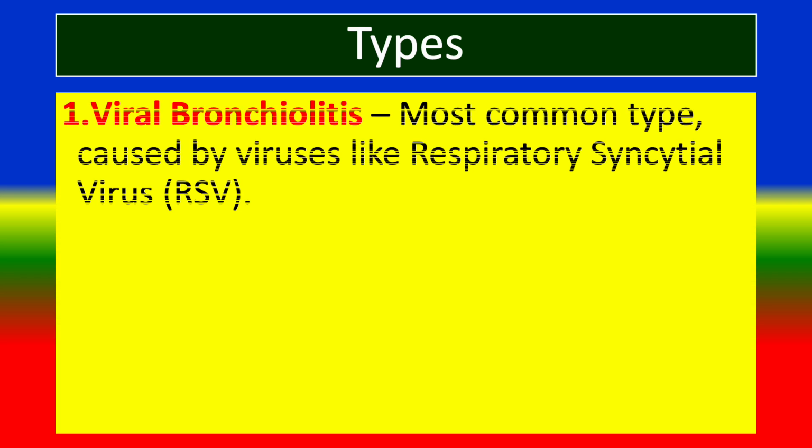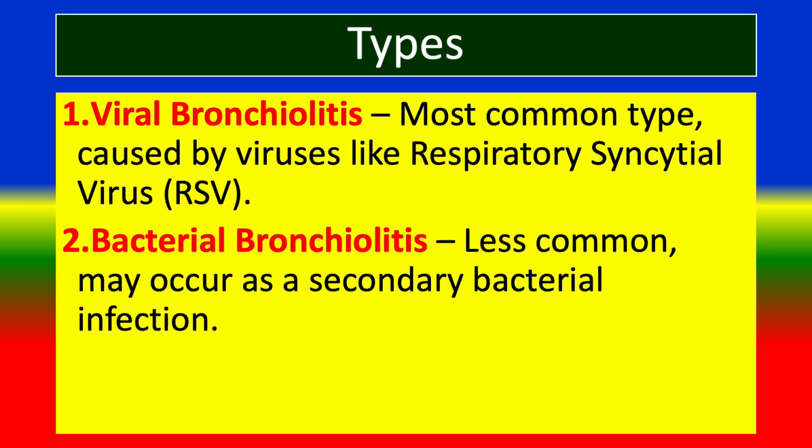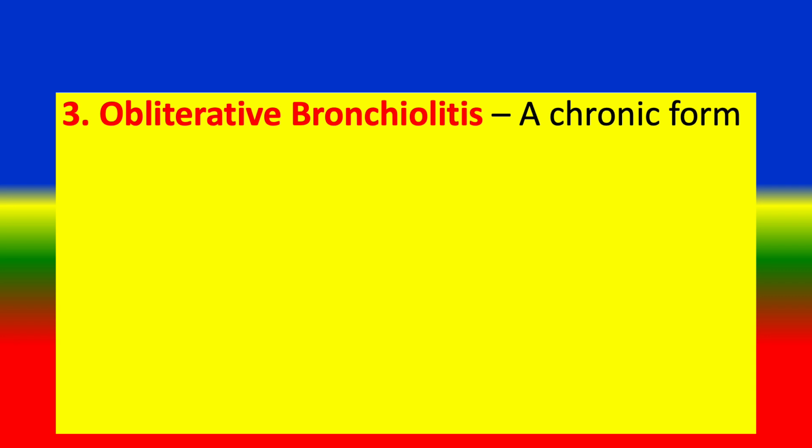Types. 1. Viral bronchiolitis, the most common type, caused by viruses like respiratory syncytial virus, RSV. 2. Bacterial bronchiolitis, less common, may occur as a secondary bacterial infection. 3.